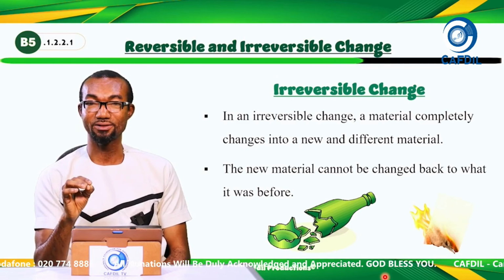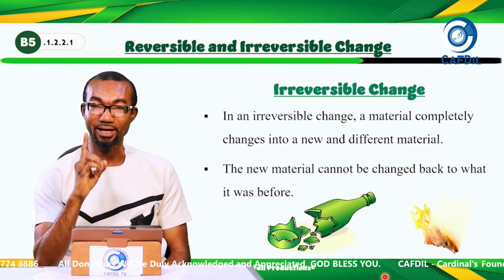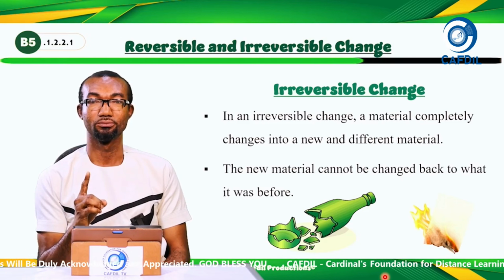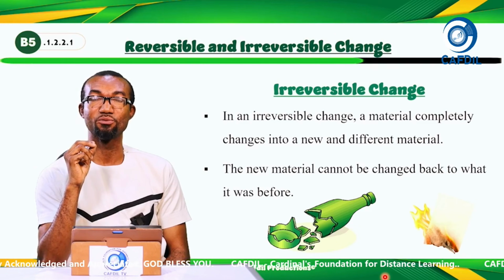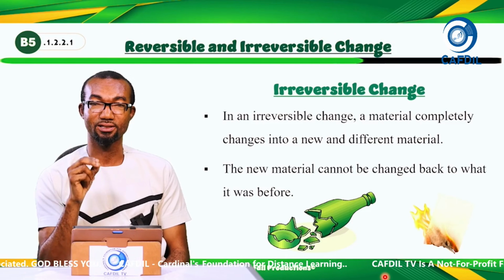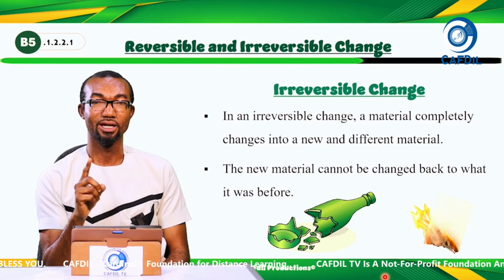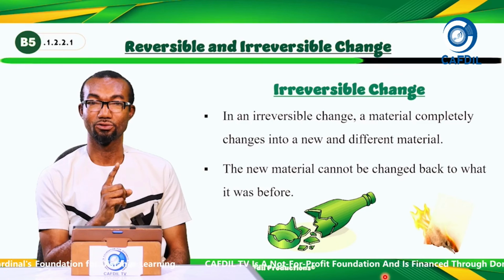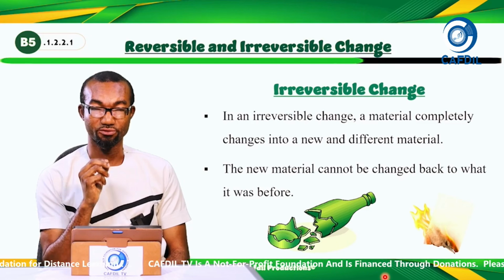The new material cannot be changed back to what it was before. So in an irreversible change, a new substance is formed and the material cannot be changed back to how it was before.